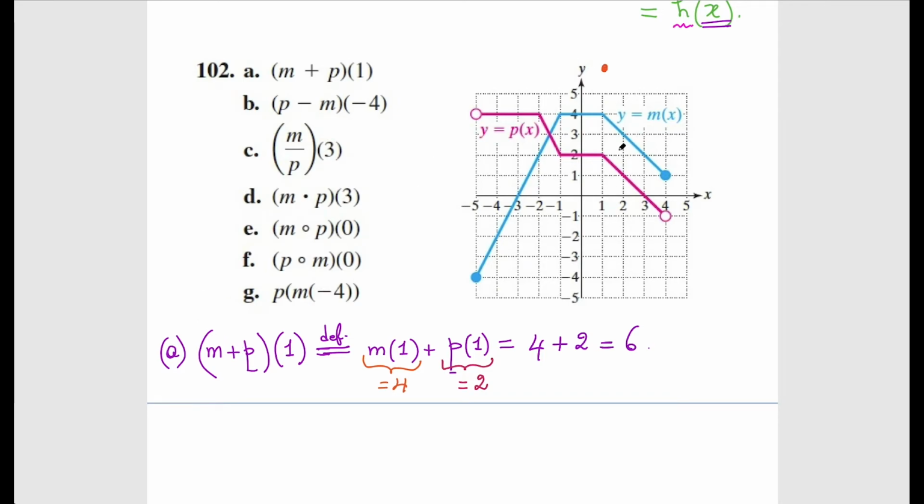So point by point, at each point, I'm going to add the two outputs. For example, here at 2, I'm going to add this plus this, which is 1 plus 3, so it's going to be 4. And so on and so forth. Whenever you add them up point by point, you're going to have the function m plus p.